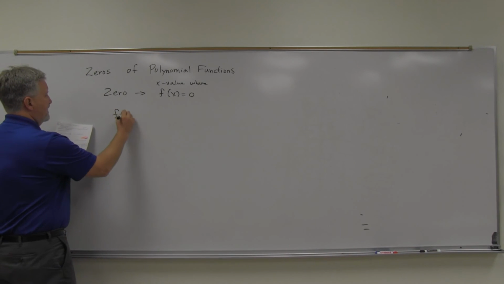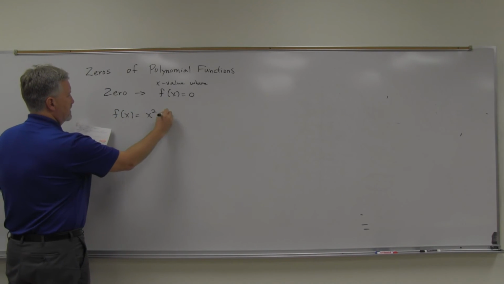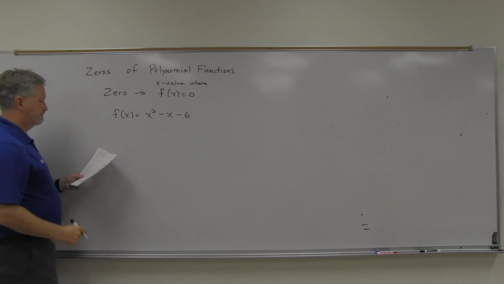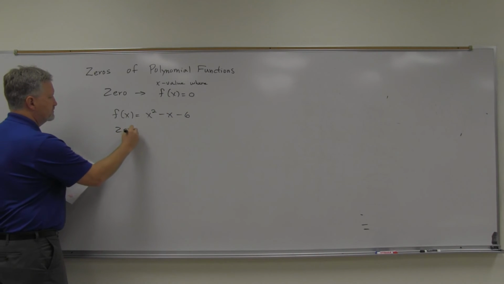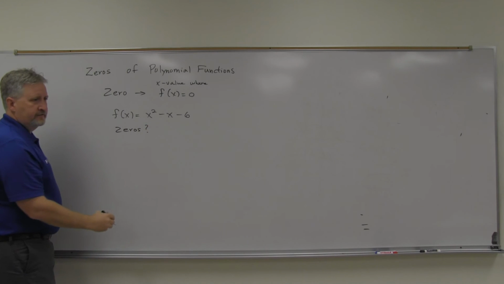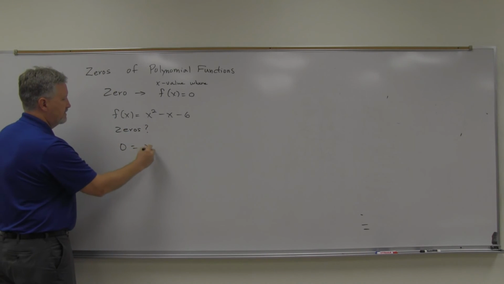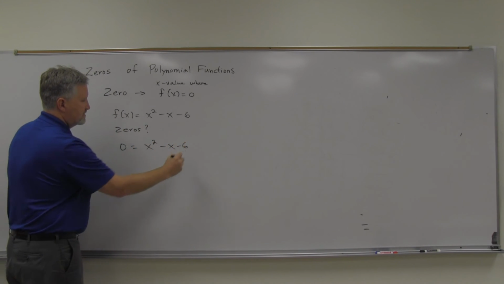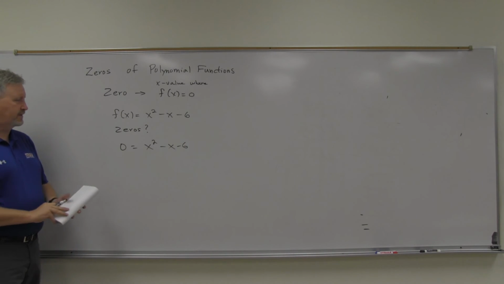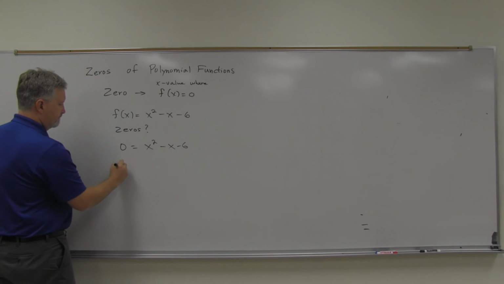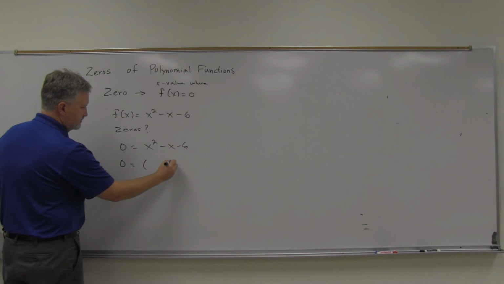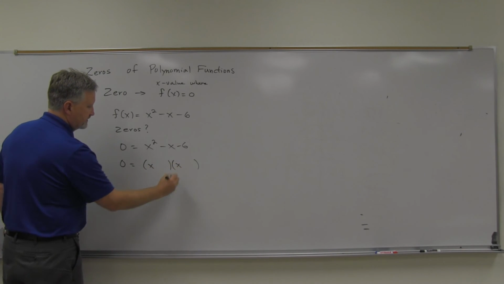We've got f of x equals x squared minus x minus 6, and I want the zeros of that function. Just set f of x equals 0. It's just solving the equation. In this particular case, you can use factoring or the quadratic formula.